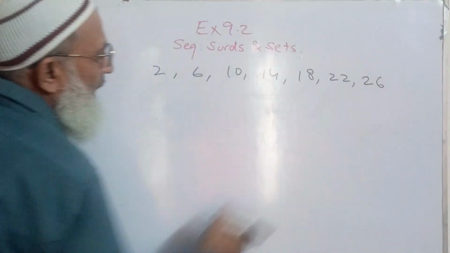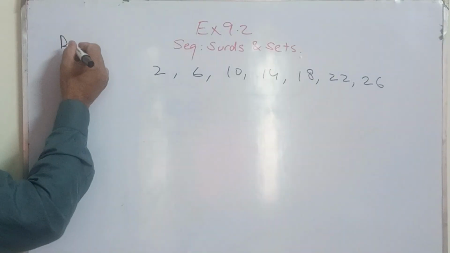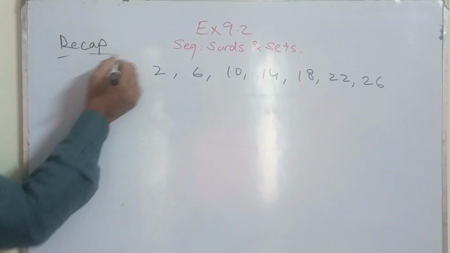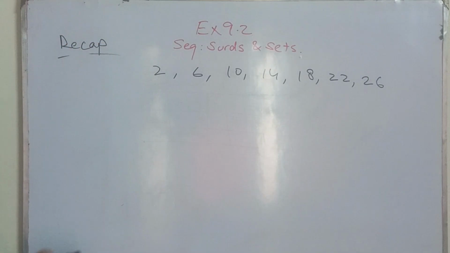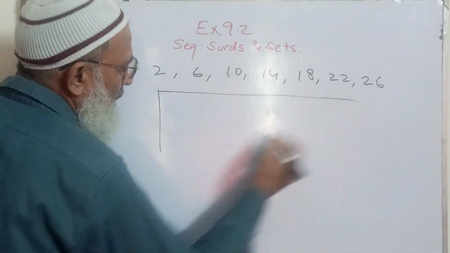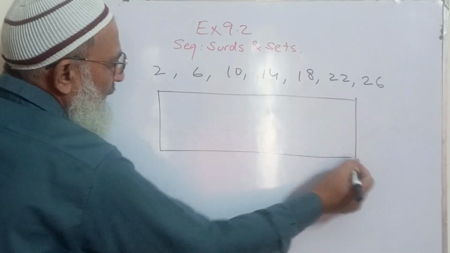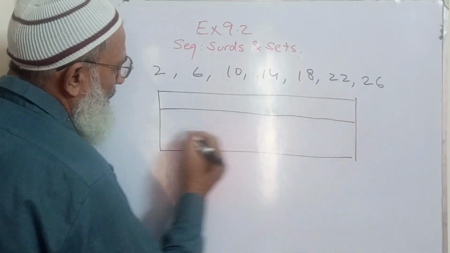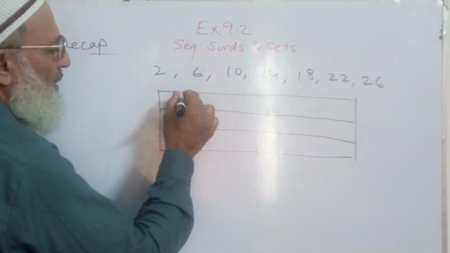This is just a recap. So we will build a formula like this. Make some rows, make some columns.